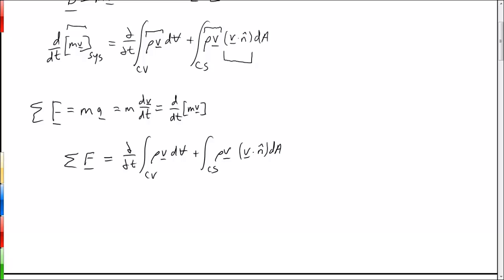Let's work an example to demonstrate this. So let's say that we have the following. We have a support, or, I don't know what you want to call this. We have a plate that is supported as follows.